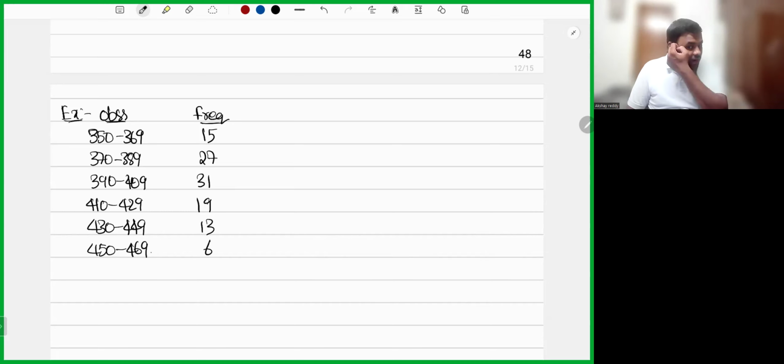Now it's inclusive data, right? We need to convert it to exclusive data, but no need to convert the entire data, as it would be time-consuming.